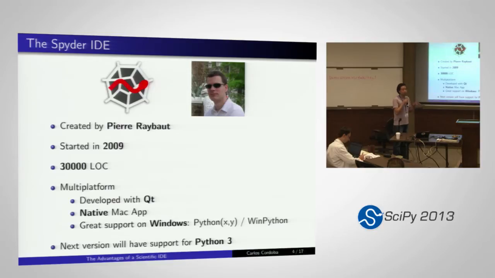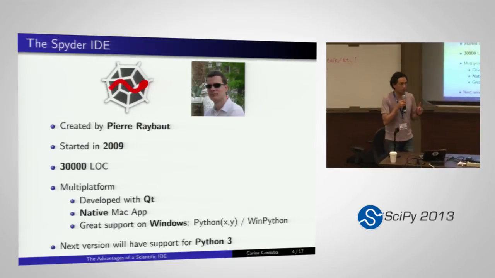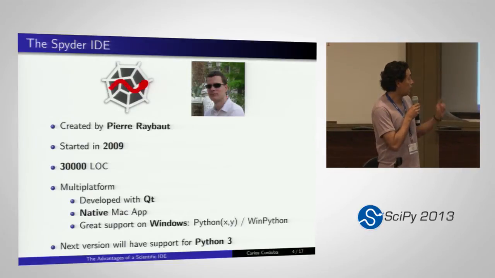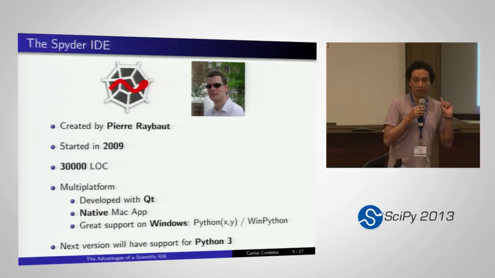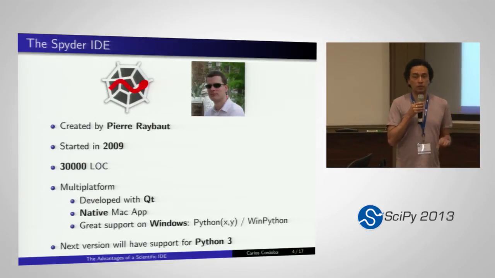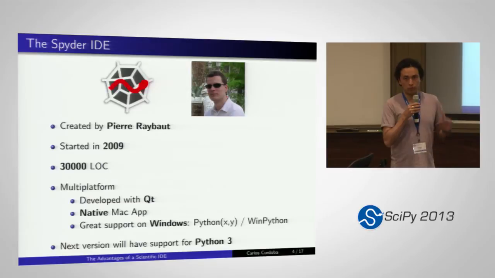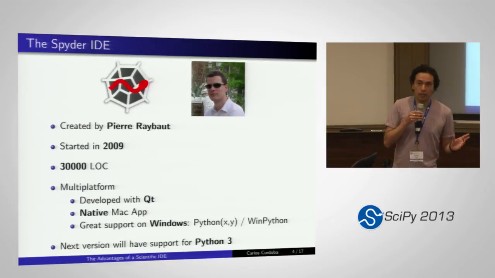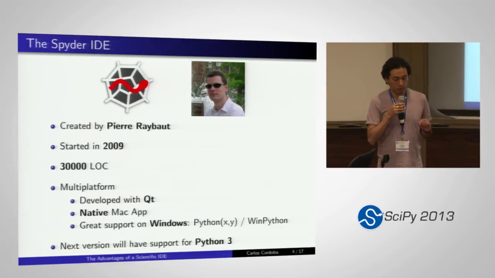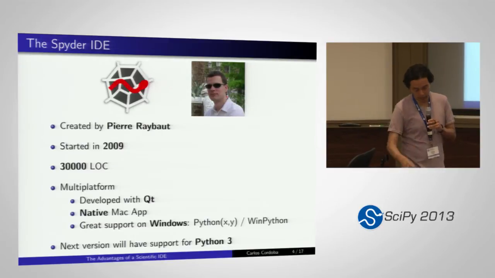And we also have great support on Windows, because Pierre is a Windows hacker. He developed Spyder on Windows, and he used it on Windows. He also created 2 distributions called Python XY and WinPython, and both of them work exclusively on Windows. And finally, our next version will have support for Python 3. Currently, we don't have it, but we'll have it at the end of the summer.